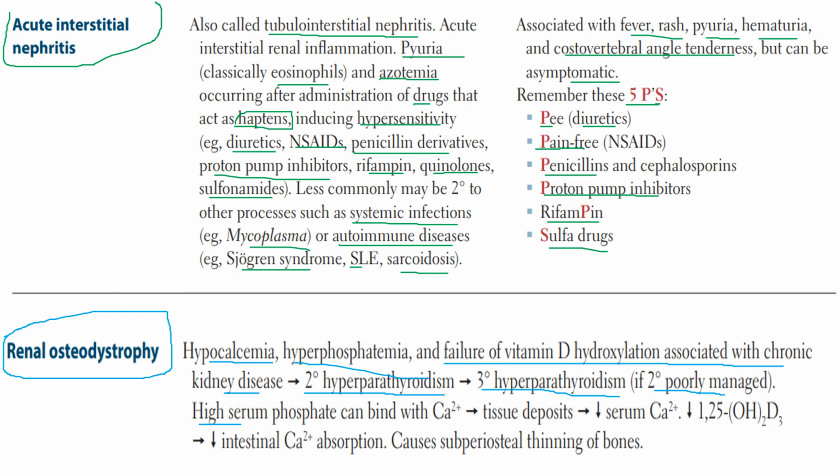High serum phosphate can bind to calcium ions, which leads to tissue deposits of calcium, which leads to a low level of serum calcium and a low level of 1,25-dihydroxy D3, also known as calcitriol, which leads to decreased intestinal calcium absorption, causing subperiosteal thinning of bones.